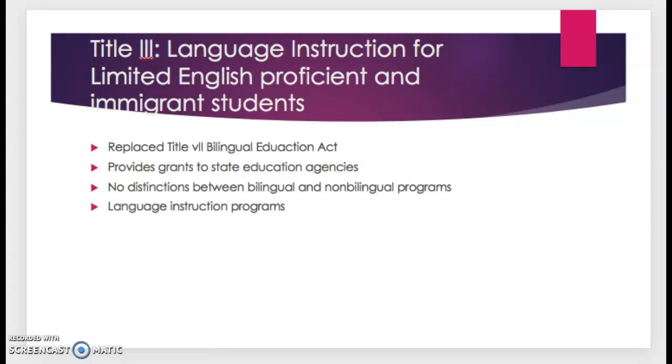Also included in the No Child Left Behind Act of 2001 is Title III of that, which is Language Instruction for Limited English Proficient and Immigrant Students. So this actually replaced Title VI Bilingual Education Act. It provided grants to state education agencies.